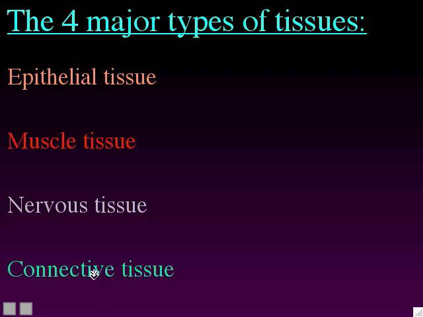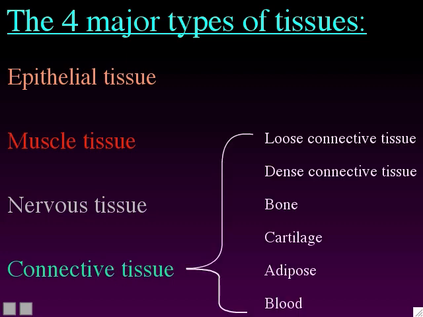Now, connective tissues are a little bit detailed, a little bit complicated. And the reason I'm saying that is that there are 6 types of connective tissues. In other words, there are 6 subcategories of connective tissues. And here they are listed, and they are also listed in the lecture handout.